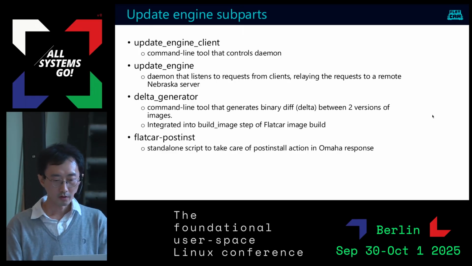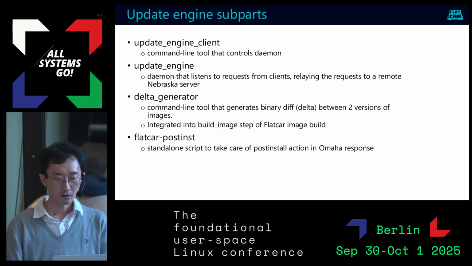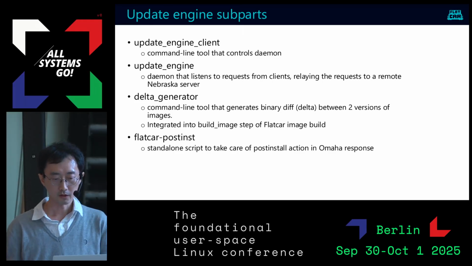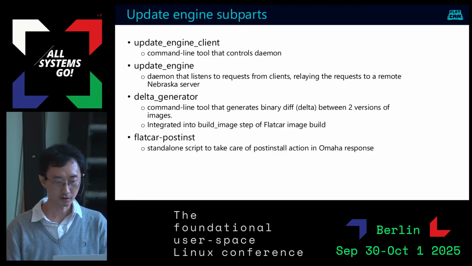The third one is actually not a user-facing tool, but it is a very important tool, the data generator, that generates a binary diff between two different versions of images, and it's integrated into the CI and build image step of the Flatcar image build process.